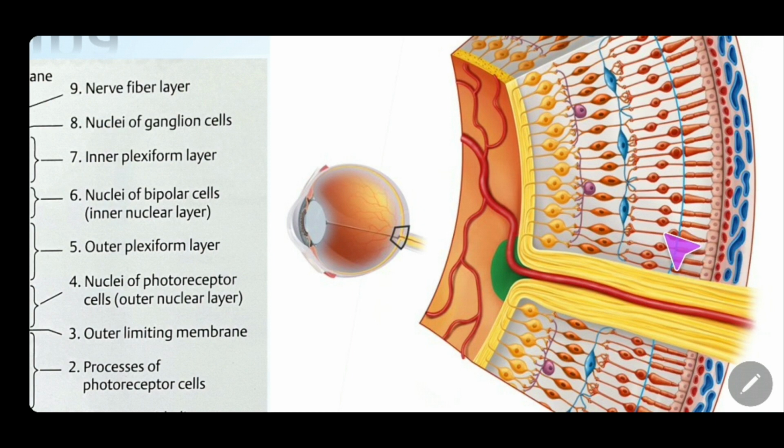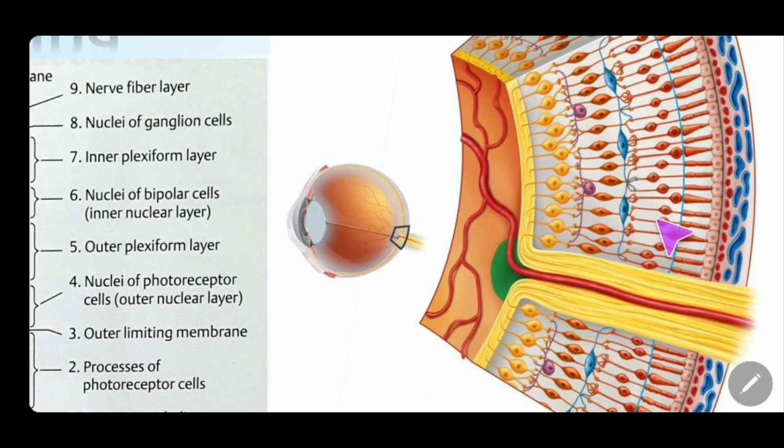They have their peripheral processes which are modified photoreceptors, and they are called rods and cones. But between the peripheral processes and the cell bodies of these receptor cells, you can see a blue color line, and that is called the outer limiting membrane, right? So that will be the third layer.